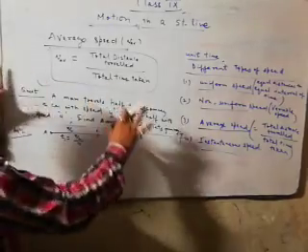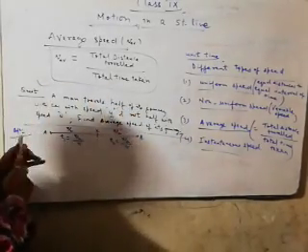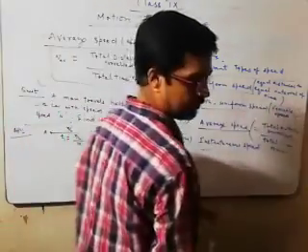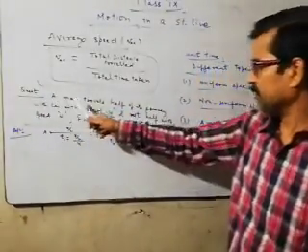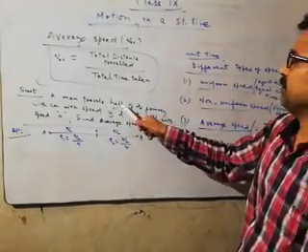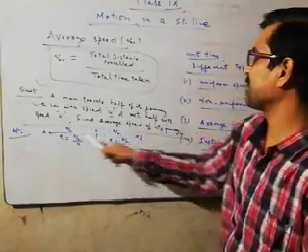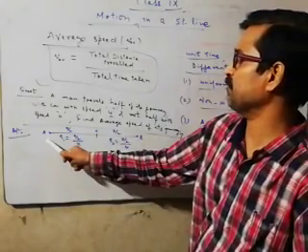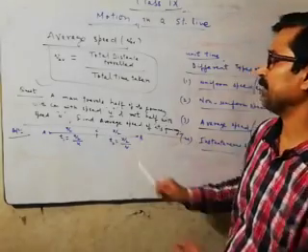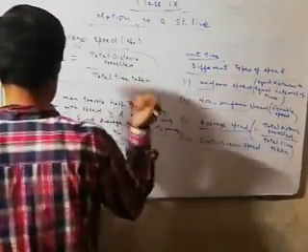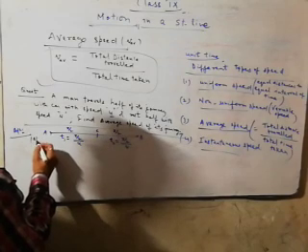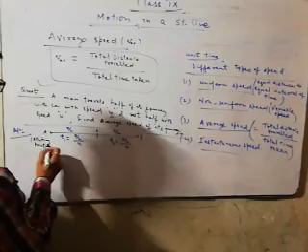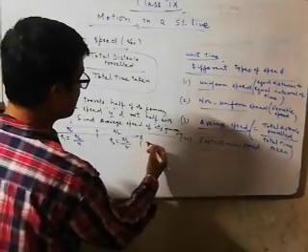Now you can see the data. Again, I am reading out the question. A man travels half of its journey. The total distance, we are taking as x from A to B. This A point is the starting point of the journey, and this B point is the end point.